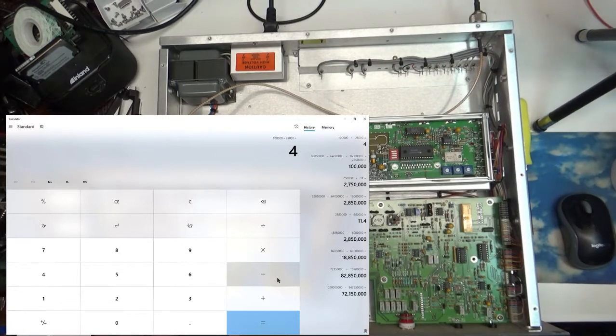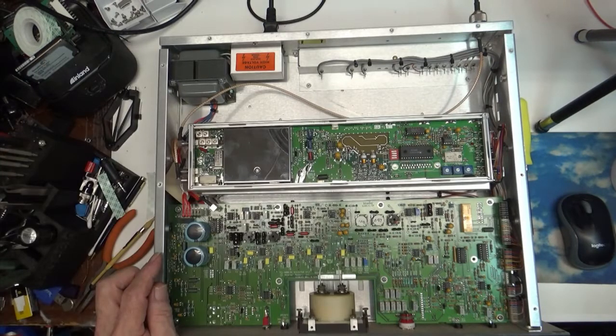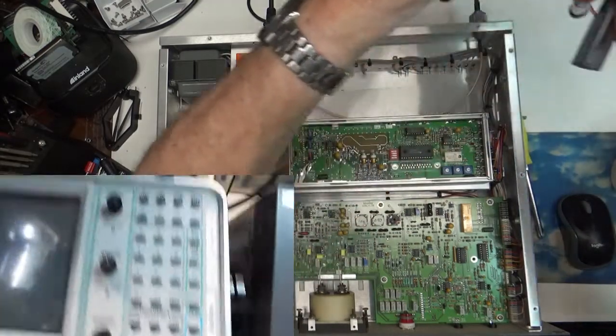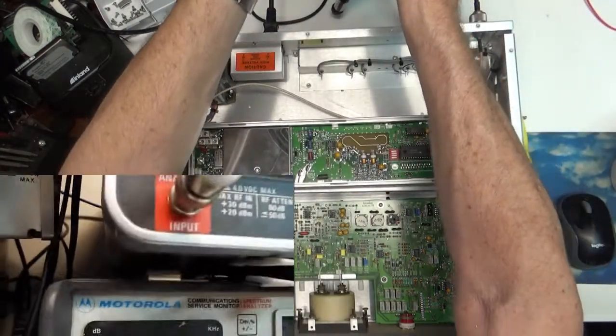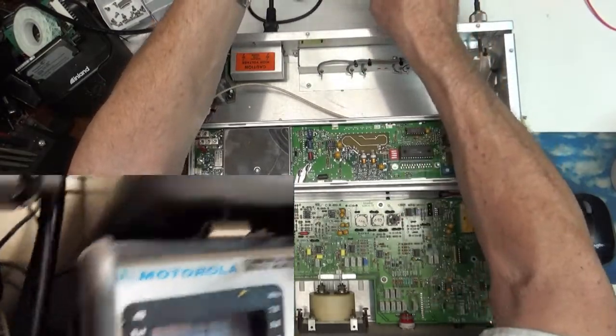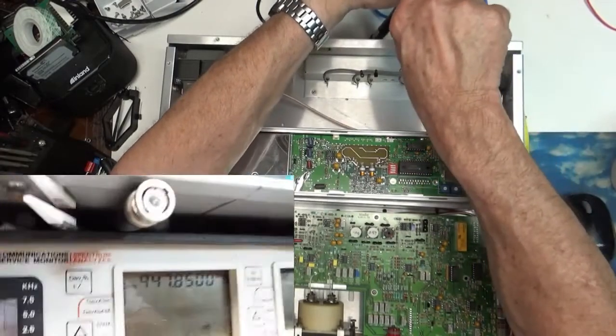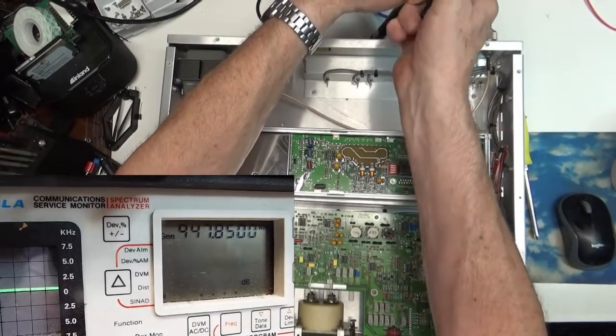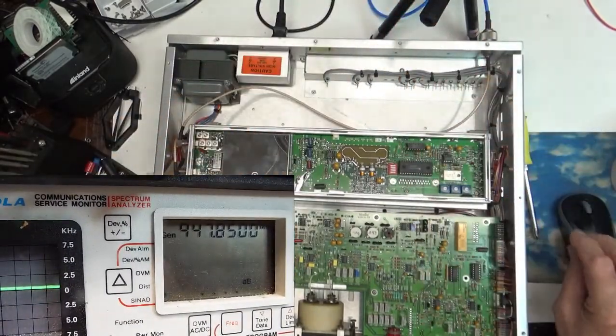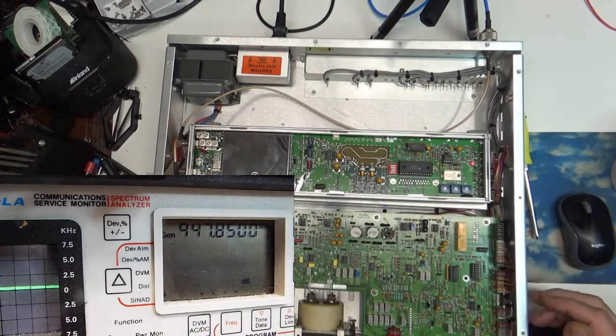I've already got my generator here. It's very hard to do this because there's just not enough room. I've got my generator set up at 947,850.